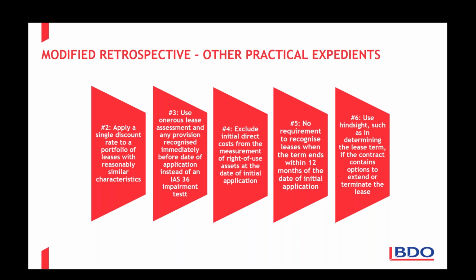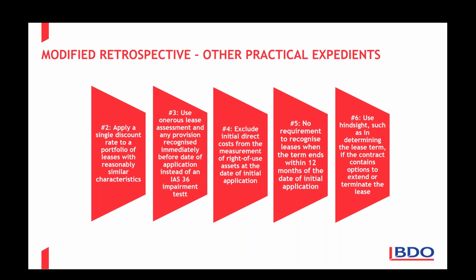And practical expedient number 4 is you exclude initial direct costs from the measurement of the right of use asset. So instead of going back and looking for all these initial direct costs, you use the practical expedient just to not go back in history and make it easier.